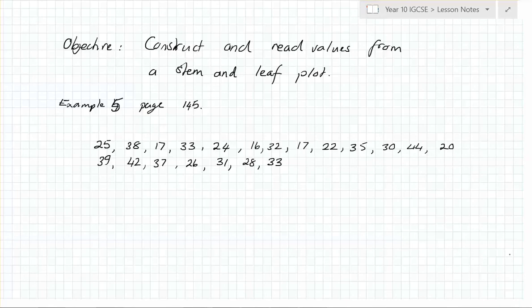So we've got a list of numbers. Now, this set of numbers doesn't actually mean anything at the moment. There's no particular values that we can analyse. But what we tend to do with sets of numbers is put them into order. Right? We want to know what's called the distribution of the data and how the numbers are spread out. Do we have a certain number of one type of number?